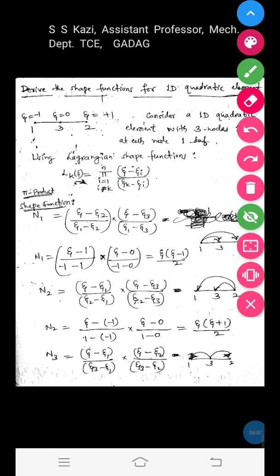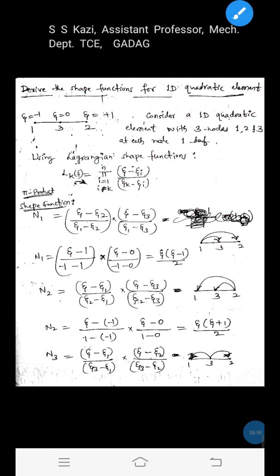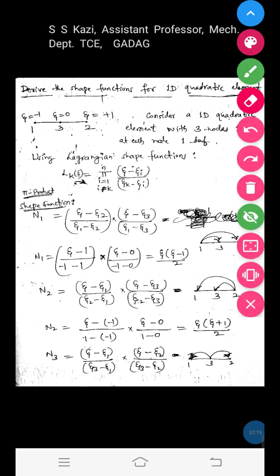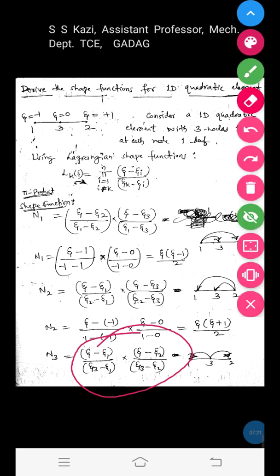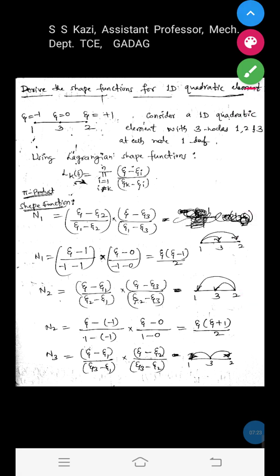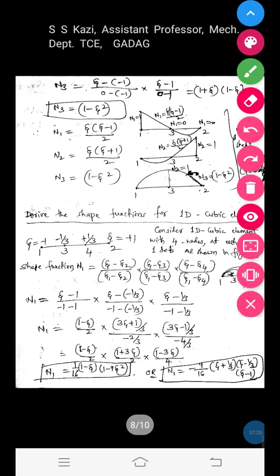Now N3 equals zeta minus zeta 1 divided by zeta k minus zeta I, that is zeta 3 minus zeta 1, considering I equal to 1, into, for node number 2, zeta minus zeta 2 divided by zeta 3 minus zeta 2. After that you substitute the natural coordinate values for zeta 1, zeta 2 and zeta 3. If you substitute all the values, we will get the resulting N3 shape function.